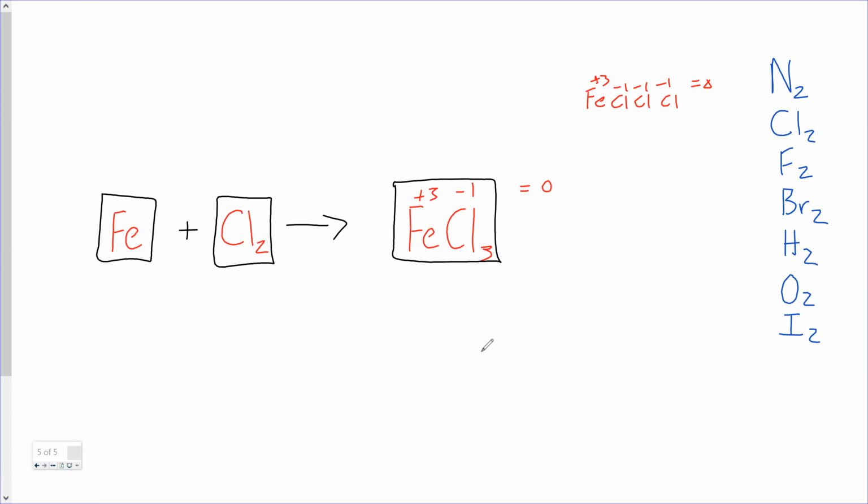You don't have to tell me the names. You can just tell me the symbols or the letters. Are you there, Cameron? Iron and chlorine. Very nice. Iron and chlorine, Fe and Cl. That's what I see on both sides.